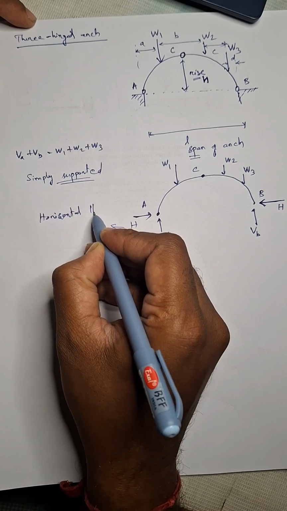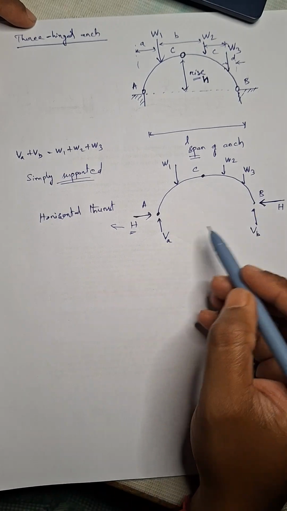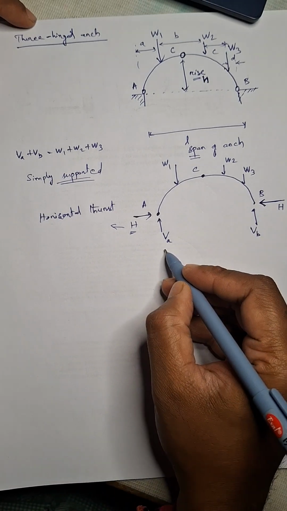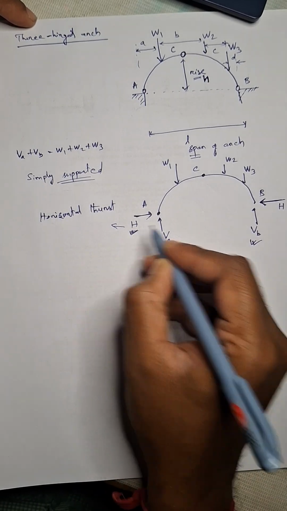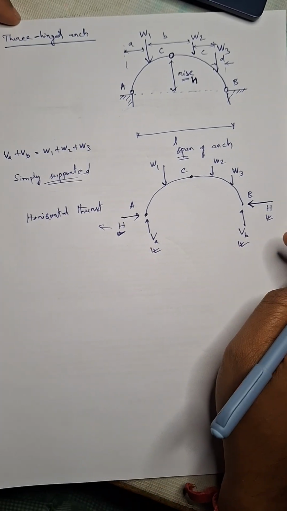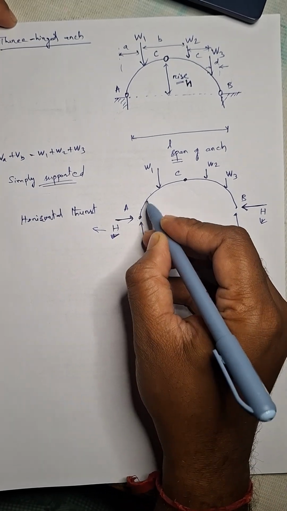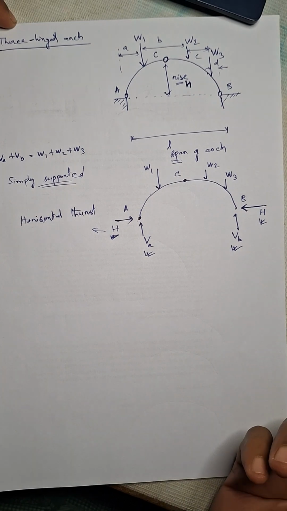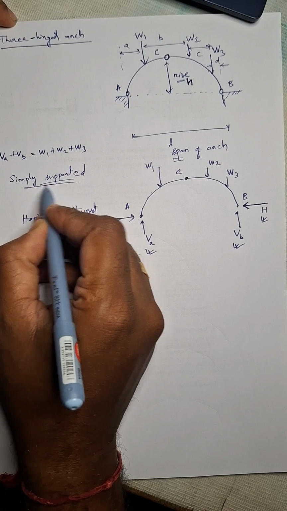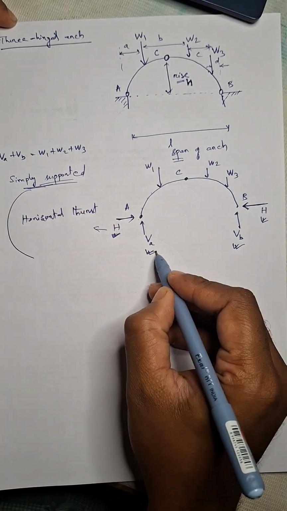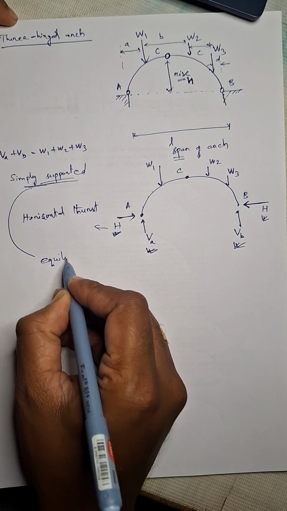Horizontal thrust. Whenever we analyze a 3-hinged arch, we have to find the support reactions VA, VB, and horizontal thrust H and H, and the bending moment or shear force at any cross section to draw the SFD and BMD. As we are considering this as simply supported, VA and VB can be calculated using equilibrium equations.